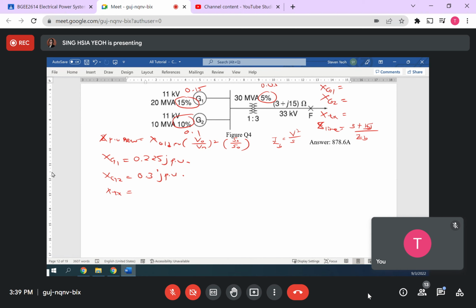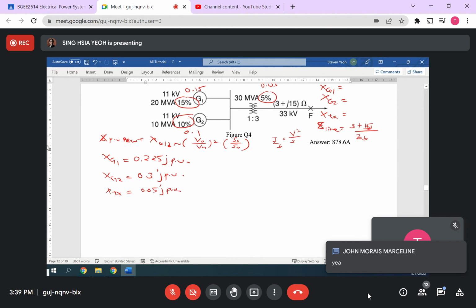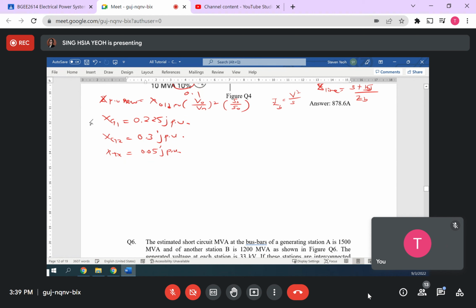X transformer? Wing, can you get transformer? Transformer, yes. Supposedly, transformer is the original value, because it has the same base for voltage and power.